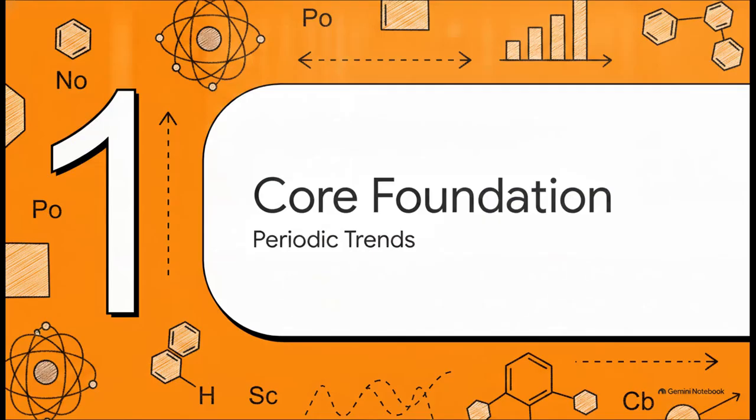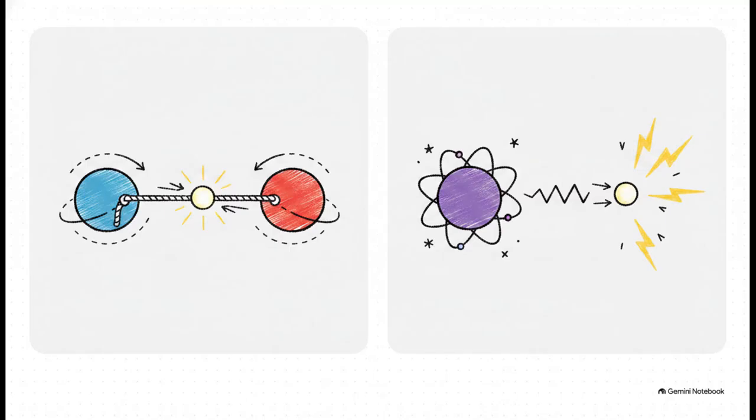Kicking things off with Section 1, Core Foundation, focusing on periodic trends and electronegativity. Let's see how elements fundamentally behave across the board. Right off the bat, there's a really interesting distinction here between two concepts that constantly trip students up: electronegativity and electron gain enthalpy. Think of electronegativity like a literal tug-of-war in a relationship.